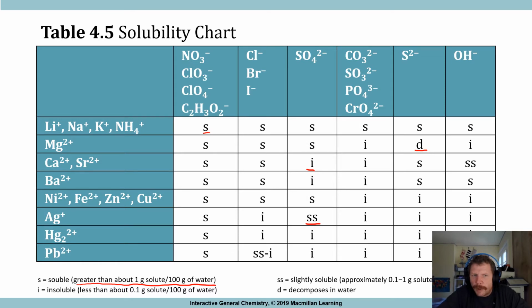Insoluble is indicated by less than 0.1 grams of solute in 100 grams of water. Slightly soluble is between 0.1 and 1 grams of that solute will dissolve in 100 grams of water. So think about this as if you put in less than 1 gram of basically anything in here, it's probably going to go into solution.